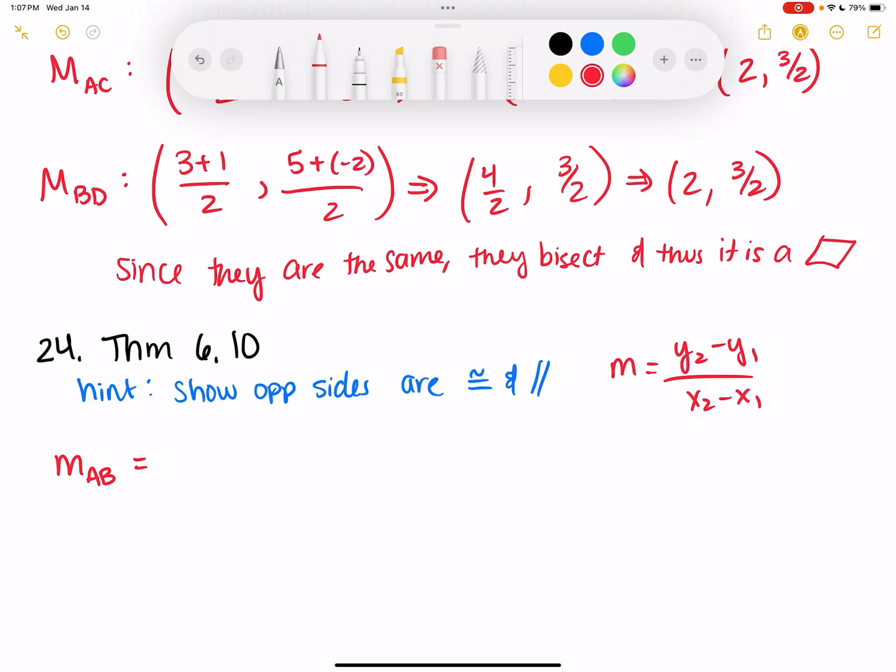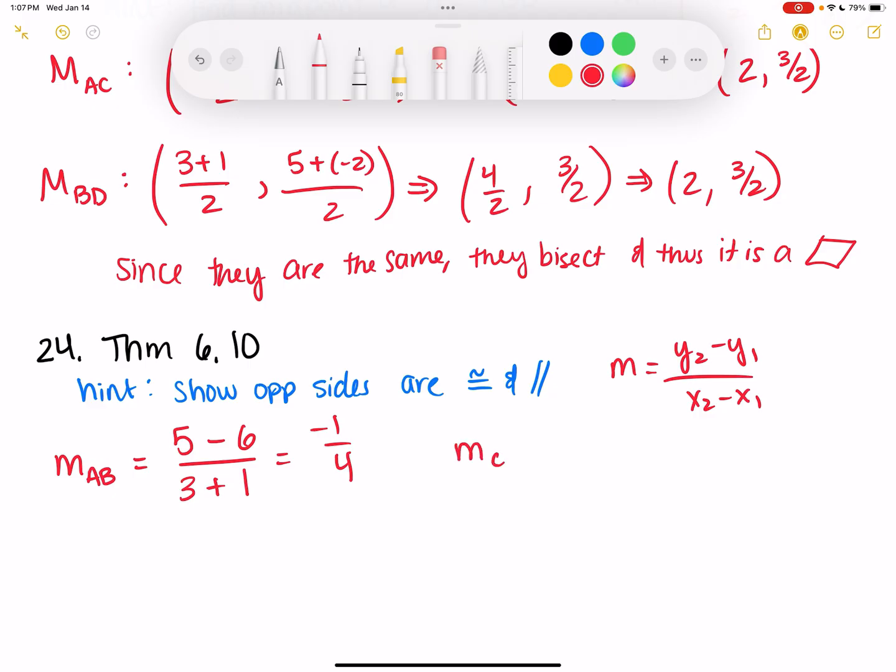So for B, y2, so it's 5 minus 6 over 3 minus a negative, so that's going to be plus 1. So that's negative 1 over 4. So that's AB.